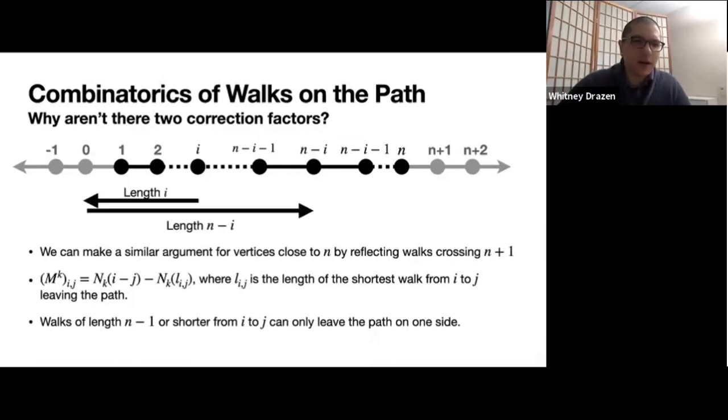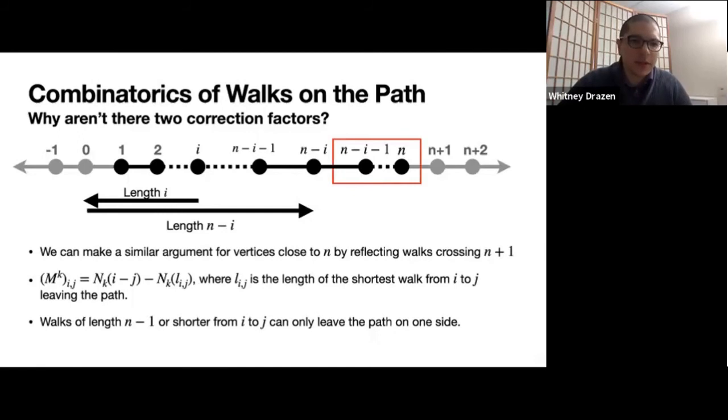So if we have a walk from i to n minus i, then it leaves the path on the left side, goes to the 0 vertex, and the length of the shortest walk leaving the path from i to n minus i is length n, which we don't care about because it exceeds n minus 1.